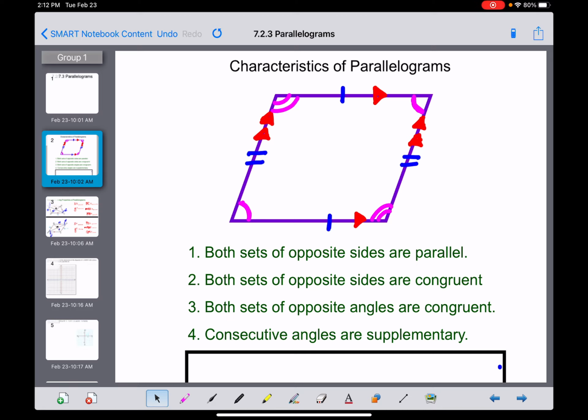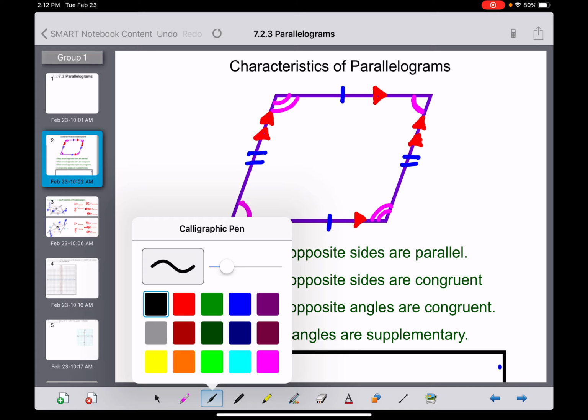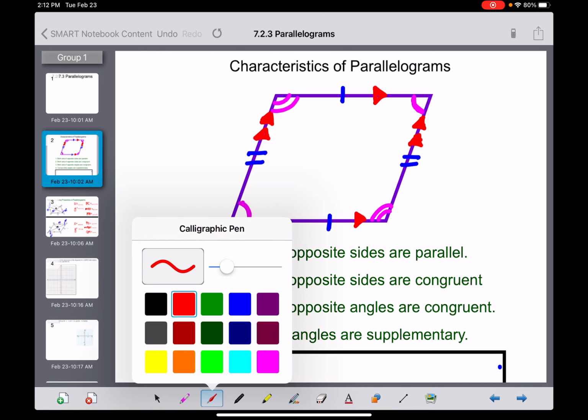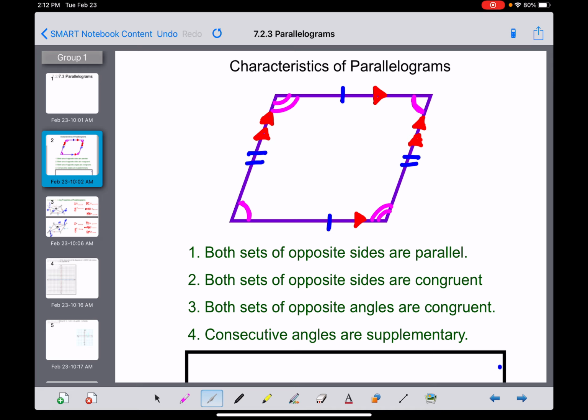Consecutive angles are supplementary. That means if I know the degree of one of these angles, I can find the degrees of all. If this bottom angle is 60 degrees, obviously the one across from it would also be 60, but the angles that are consecutive to it are supplementary.